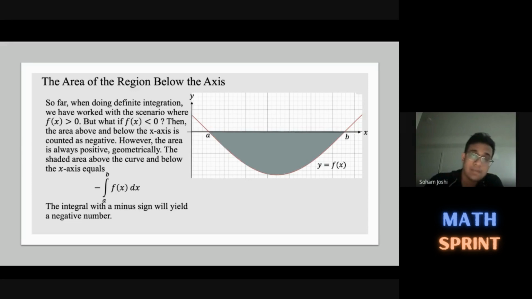So geometrically speaking, the shaded area above the curve and below the x-axis equals the negative of the definite integral of f of x with respect to x with a lower limit of a and an upper limit of b. So the integral with a negative sign will yield a positive number.